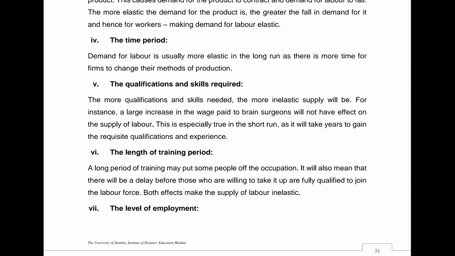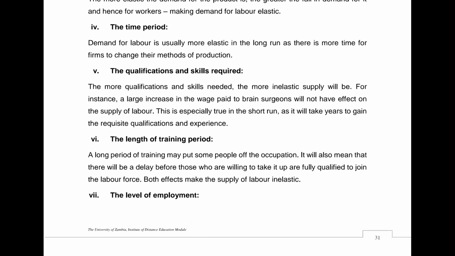Then you have the qualifications and the skills required. The more qualifications and skills needed, the more inelastic supply will be. For instance, a large increase in the wage paid to brain surgeons will not have an effect on the supply of labor.